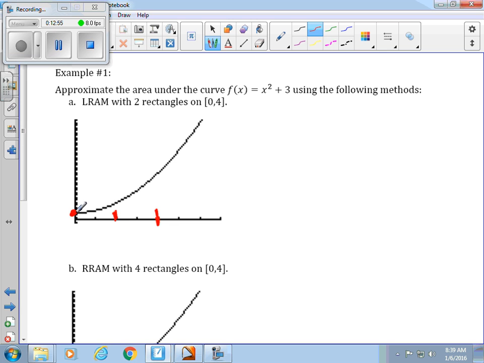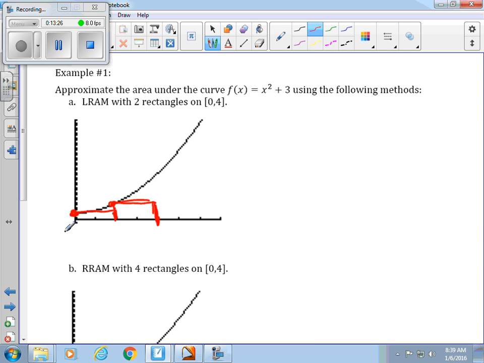So this is the left-hand side. So the height of that first rectangle is determined by that left-hand endpoint there. The second rectangle, again, I'm going to use the left-hand endpoint for the height. Any questions so far?